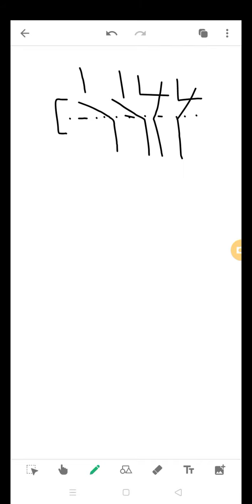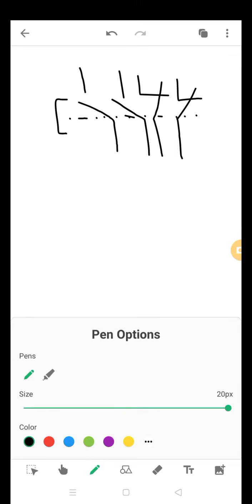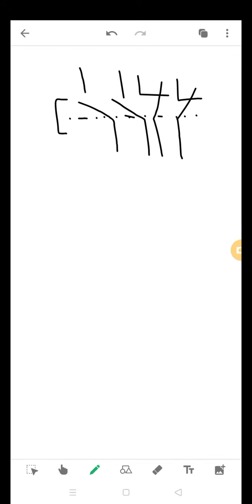I'll explain the terms after a little while. Let me first draw the schematic.